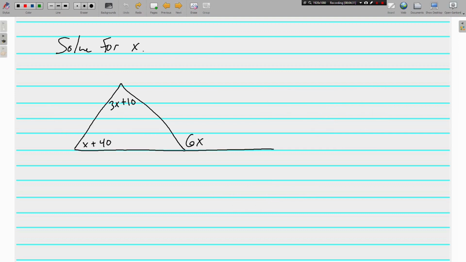Solve for X. This one's a little more algebraic, but still is going to work the same way. The exterior angle of the triangle is equal to the sum of the two non-adjacent interior angles. So this time we have 6x is equal to 3x plus 10 plus x plus 40.